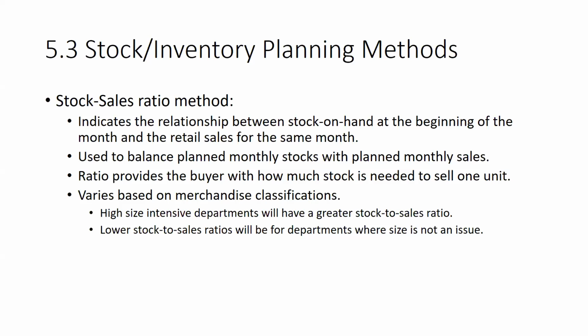High size intensive departments will have greater stock to sales ratio, because if you are starting from extra small to extra large, then you will see a larger stock to sales ratio. And again, lower stock to sales ratios are for departments where size is not an issue. So very easy to calculate.